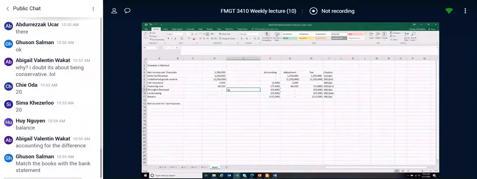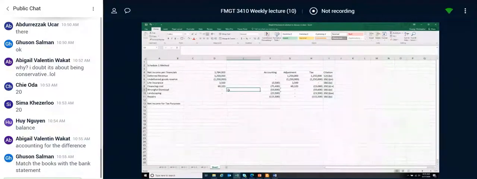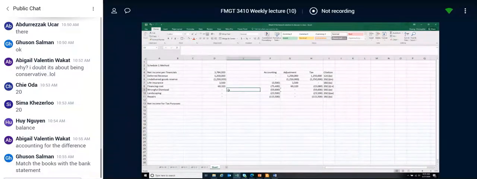So in the Schedule 1, we say Schedule 1 because that's the name of the schedule in the corporate tax return, okay, in the T2 corporate tax return file. Schedule 1 requires you to reconcile your accounting per your financials to your net income for tax purposes, okay, for a business.